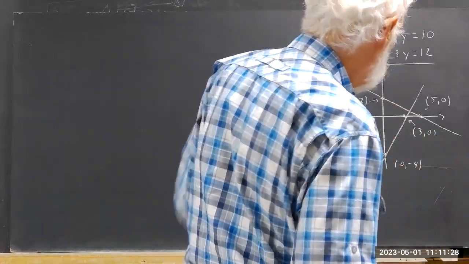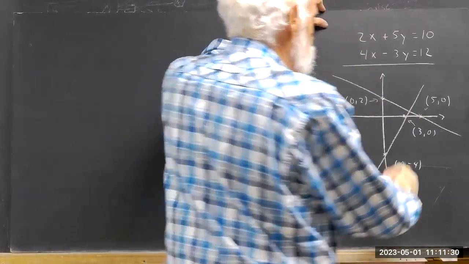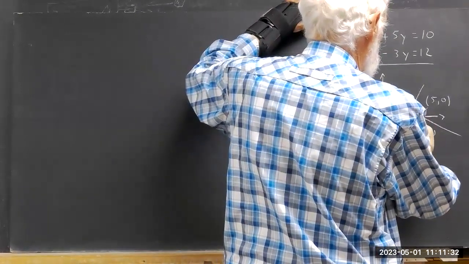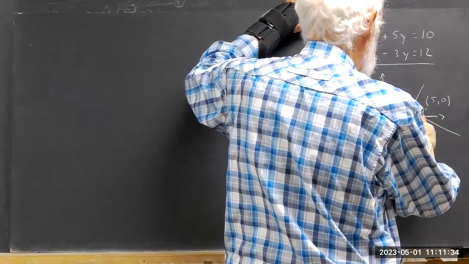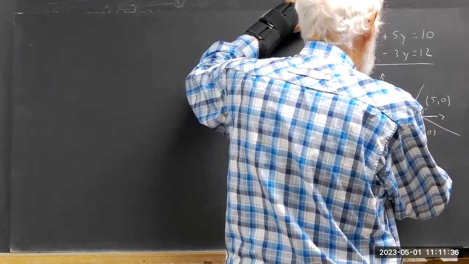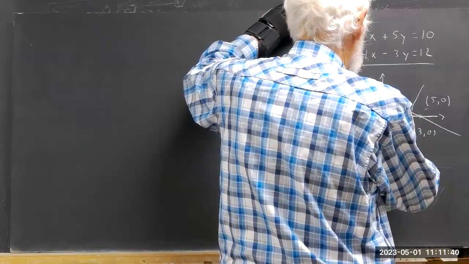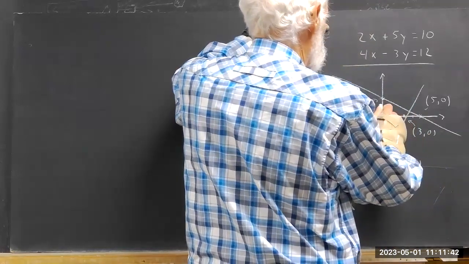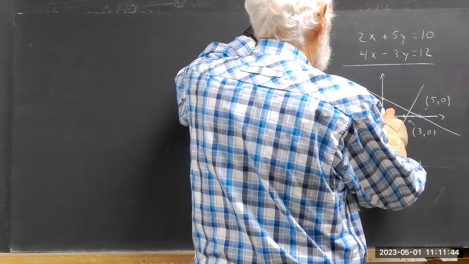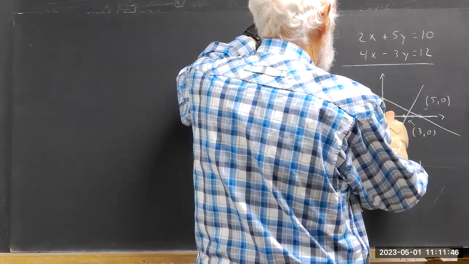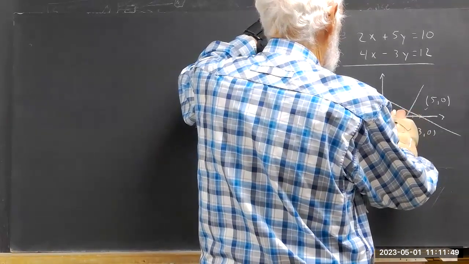We estimate then what the coordinates of this point would be. Well, if this is 3 and this is 4, if this is 5, then 4 would be about here, and 2 and 1. Okay, and if 2 is here on the y-axis, there would be 1, there would be 1/2, there would be 1/4.